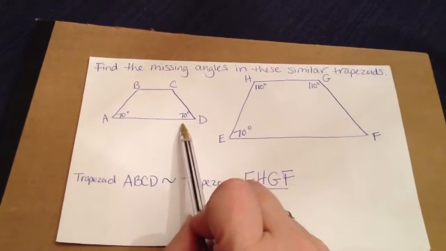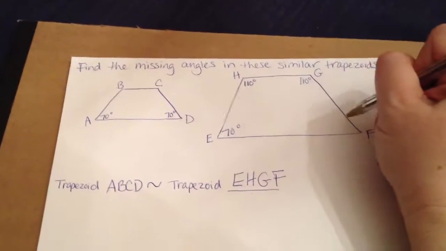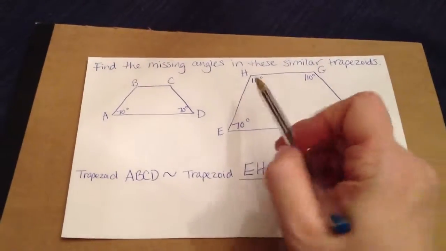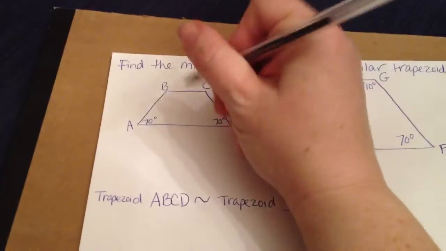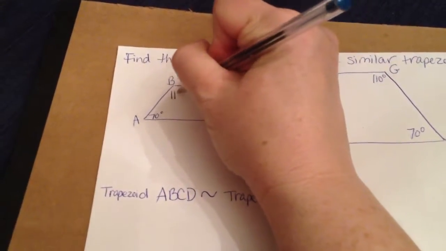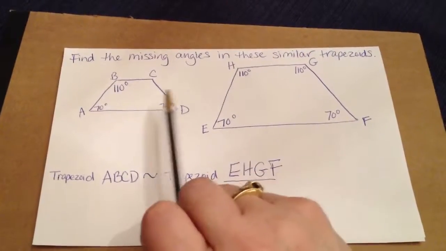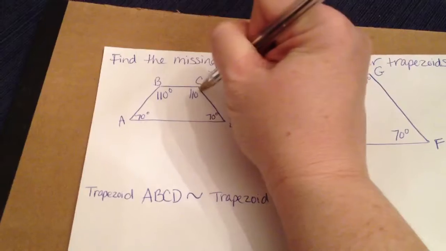And angle D corresponds with angle F, which means that is also 70 degrees. Angle H corresponds with angle B, which means that must be 110 degrees. And angle G corresponds with angle C, which means it's also 110 degrees.